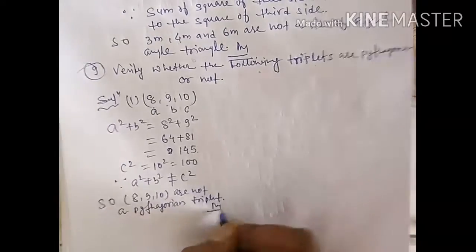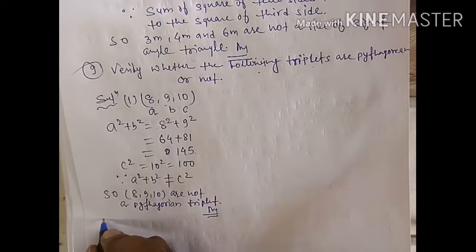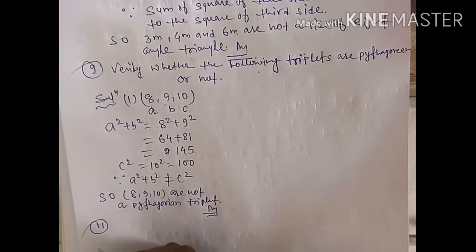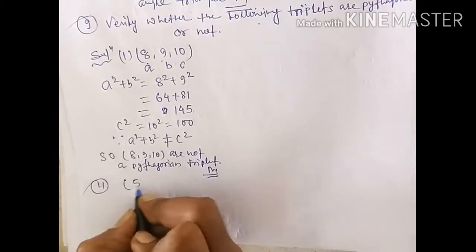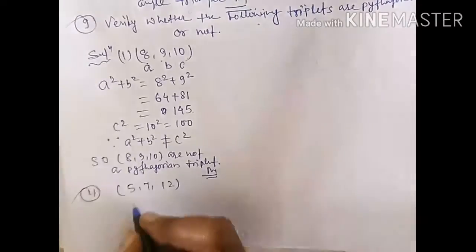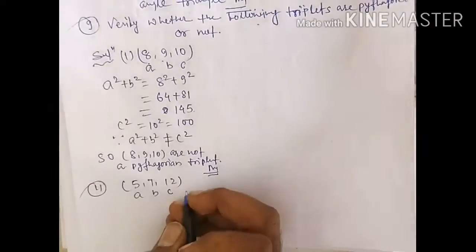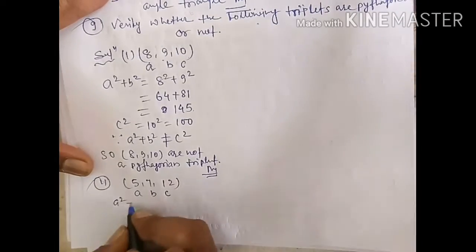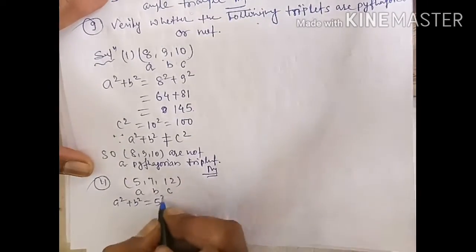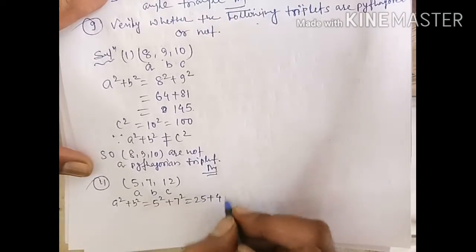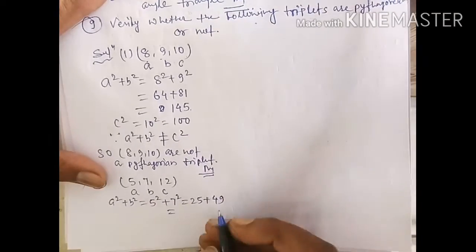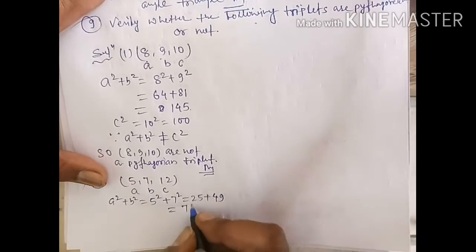This is the answer. In the second question, we have 5, 7, 12. Let them be A, B, C. First we find A square plus B square, that is 5 square plus 7 square. 5 square means 25, 7 square means 49. It means you get 74.